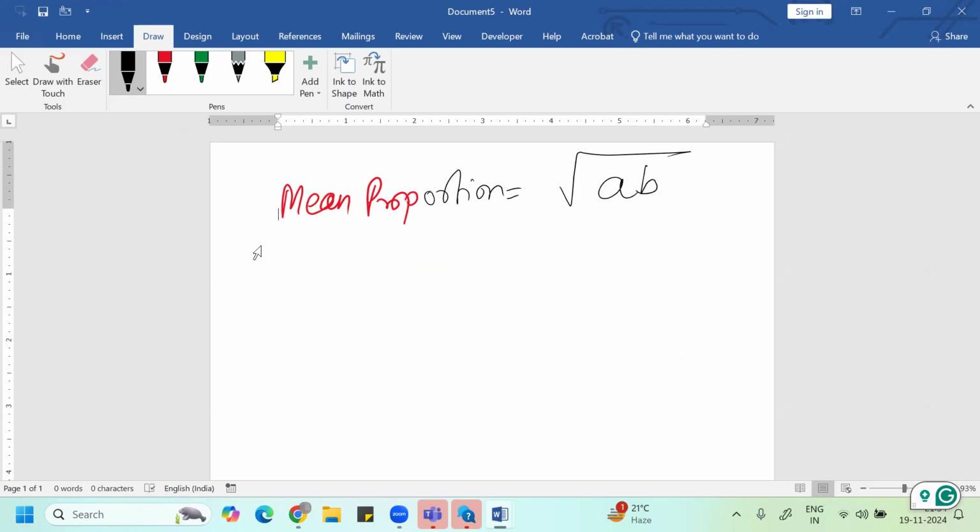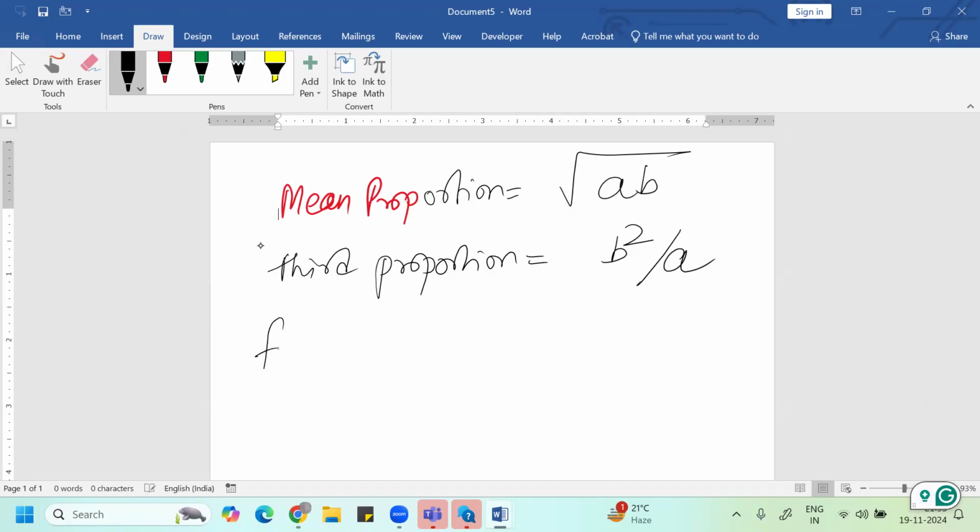Whatever numbers are given, just multiply and take the square root. If they're asking you third proportion, remember the formula: third proportion is B square by A. A is the first number and B is the second number. I hope this part is clear.